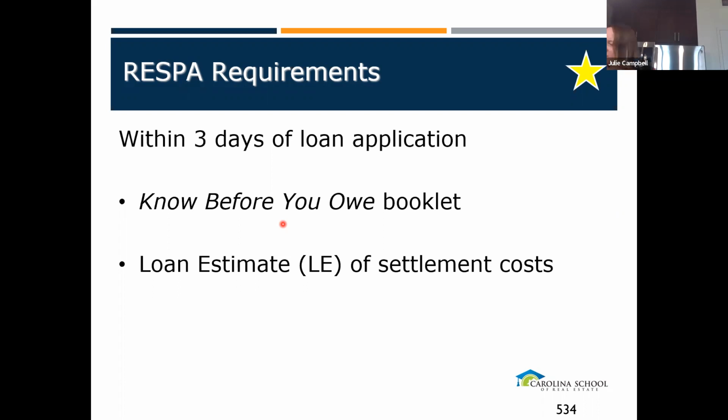So term, it's for a purchase, fixed rate, conventional. Under that, you have the loan terms. What's the loan amount? What's your projected interest rate? What's your projected monthly principal and interest? Is there a prepayment penalty? Yes or no? Will there be a balloon payment at the end? Yes or no?